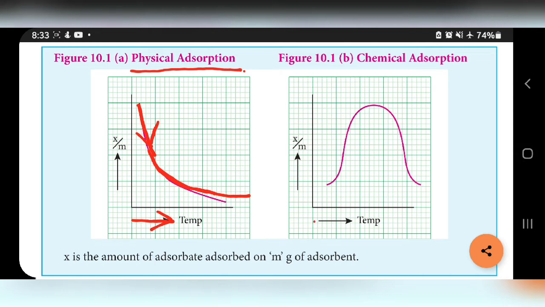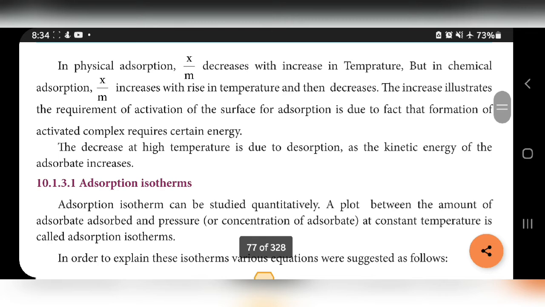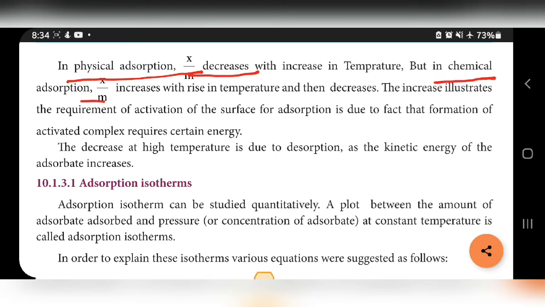So if you are increasing the temperature, the x by m value increases and then decreases. First it increases and then decreases like this.